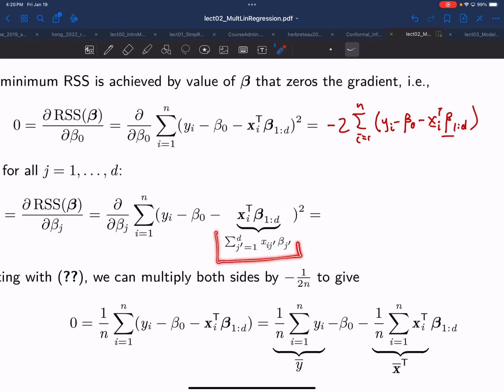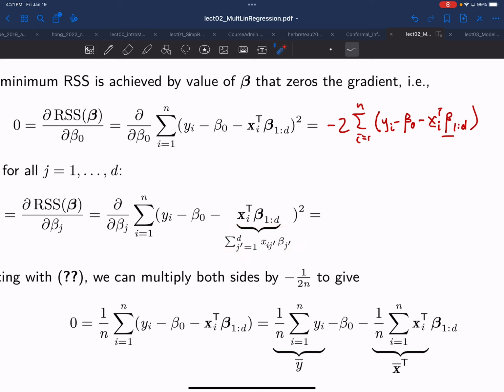And when we write that sum, let's make sure not to use j, because j has a particular meaning over here. It's some particular one of these, whereas this summing variable is a temporary variable, so I call it j prime. That's just different than this one. So that's how we're doing this.